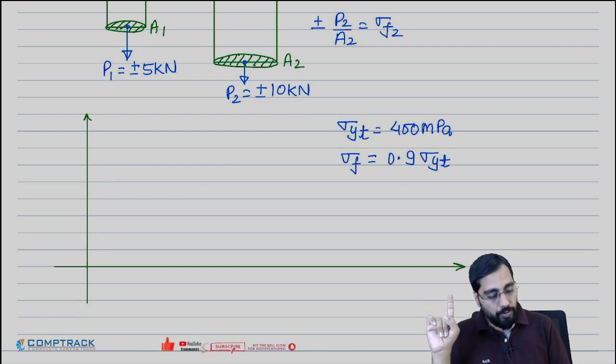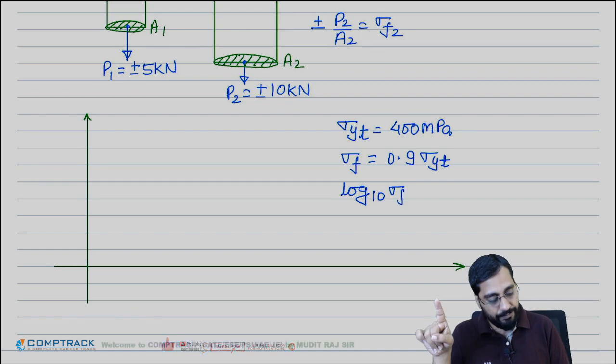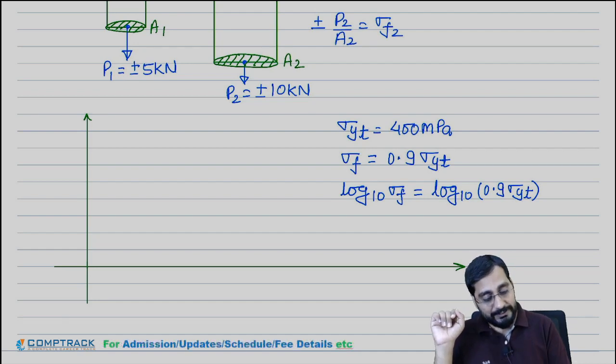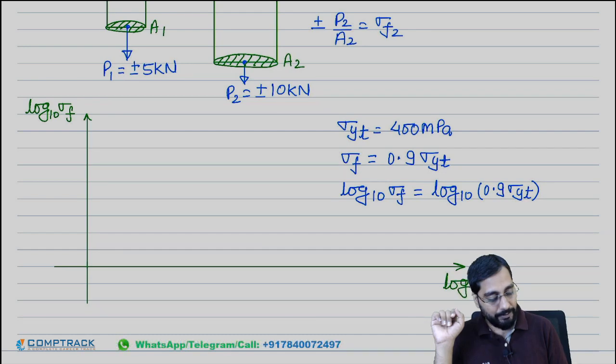So log 10 of this will be equal to log 10 of this. This is for one cycle only. So on this axis you will plot log 10 sigma f, and on this axis you will plot log 10 n.